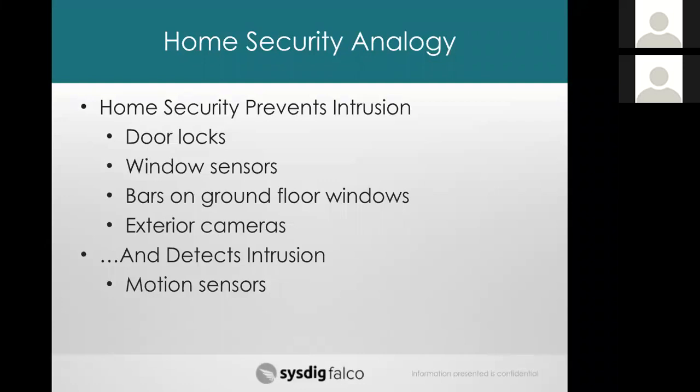But there are also other pieces designed to detect that an intrusion has occurred. There's motion sensors inside the house, and if you're a bank, there's lasers and stuff. They have two separate goals, but both are really important for home security: preventing intrusion and detecting intrusion.